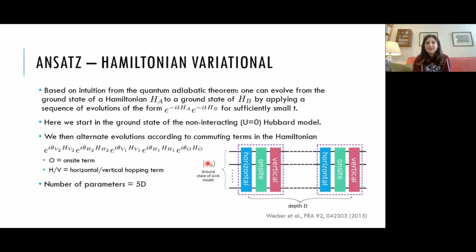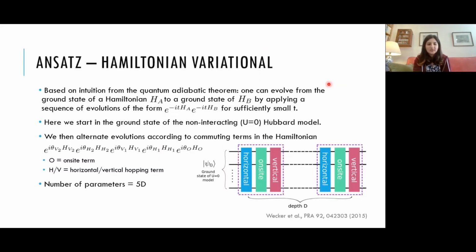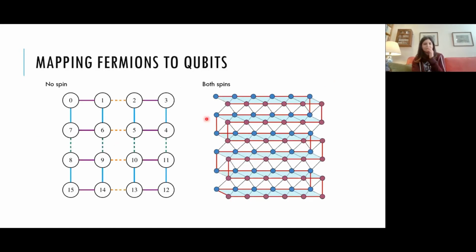You can split it into the on-site terms, that's everything attached to the U, and then 2 sets of horizontal and 2 sets of vertical. If I go back to this graph, the different colors represent the different commuting sets. Purple and orange are your 2 sets of horizontal terms, and blue and green are your 2 sets of vertical terms.